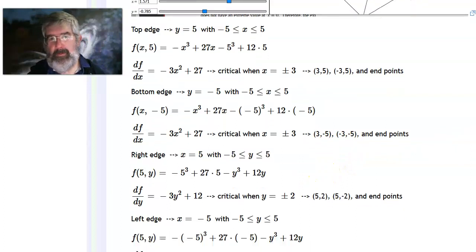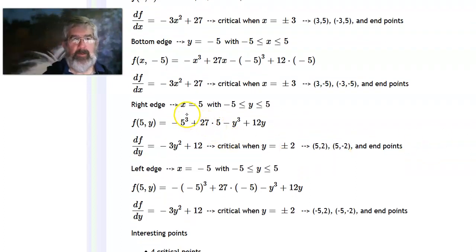Then looking at the right edge. The right edge is when x equals 5. Y is between minus 5 and 5. Plug in the x equals 5, and now it's just a function of y. I have this thing with a 5 plugged in for x. And again, this will be some number, but I don't care what number it is, and this will be a number because it's all just a number.